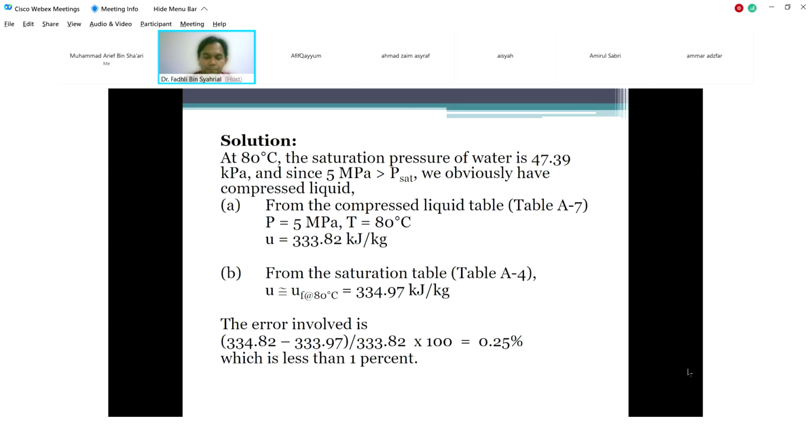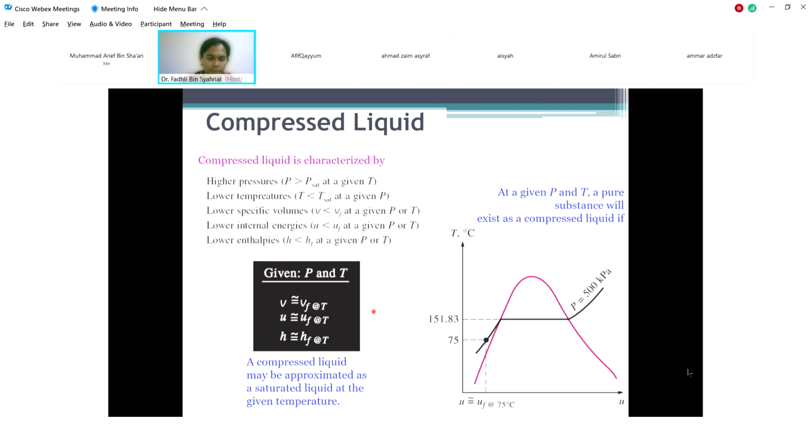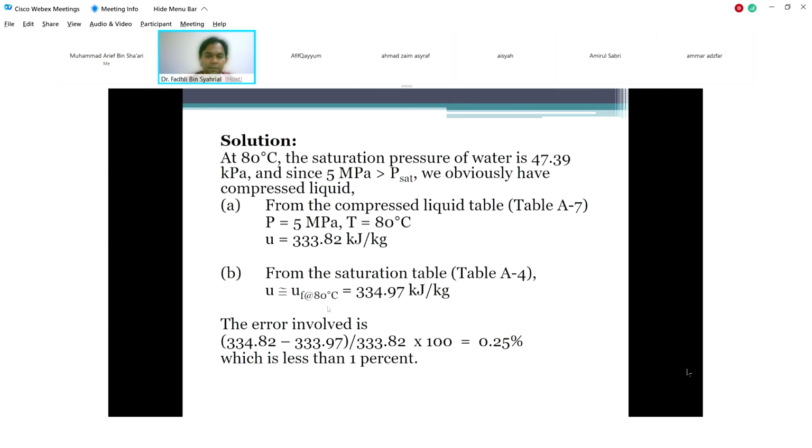Either you use this formula, where you have to look at table A4, temperature table. This is the first method. Second method, use table A7.